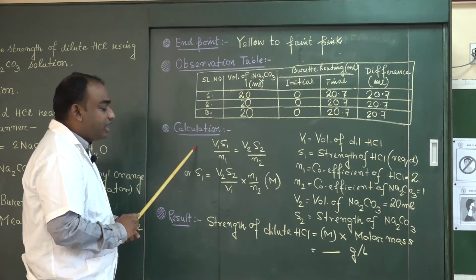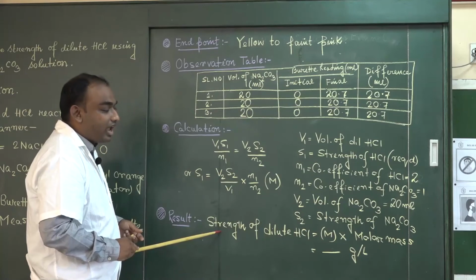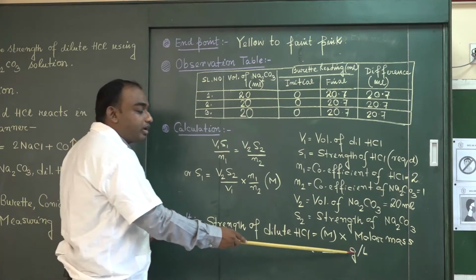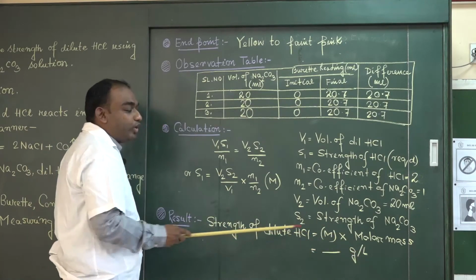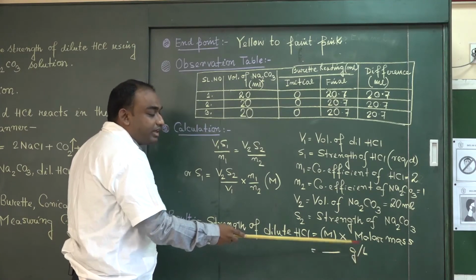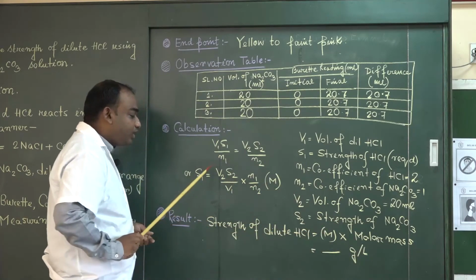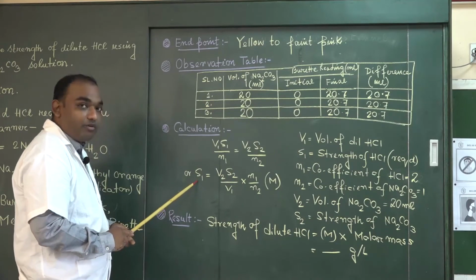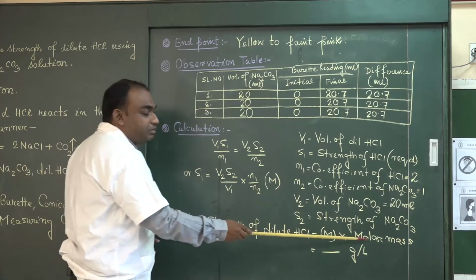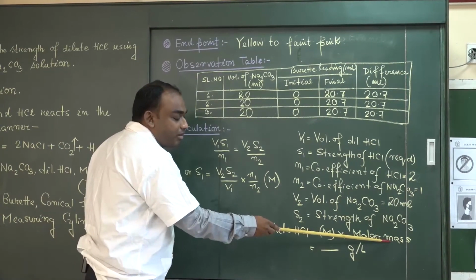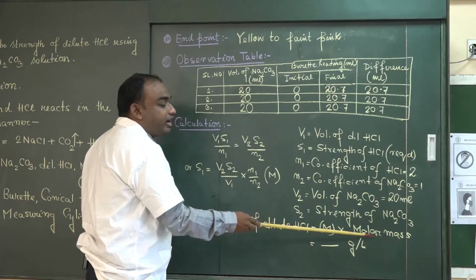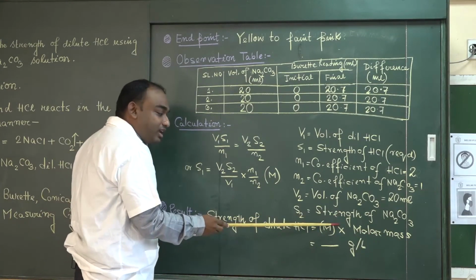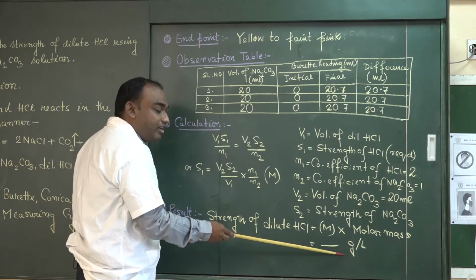But our aim is to find the strength in terms of grams per liter. So to get the answer in grams per liter, this molarity that we obtain in the form of S1 must be multiplied with the molar mass or molecular weight of HCl, and then we will get the final result.